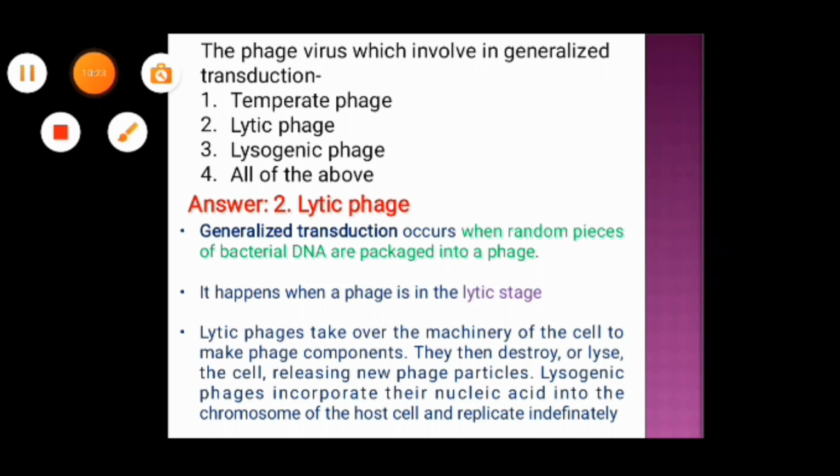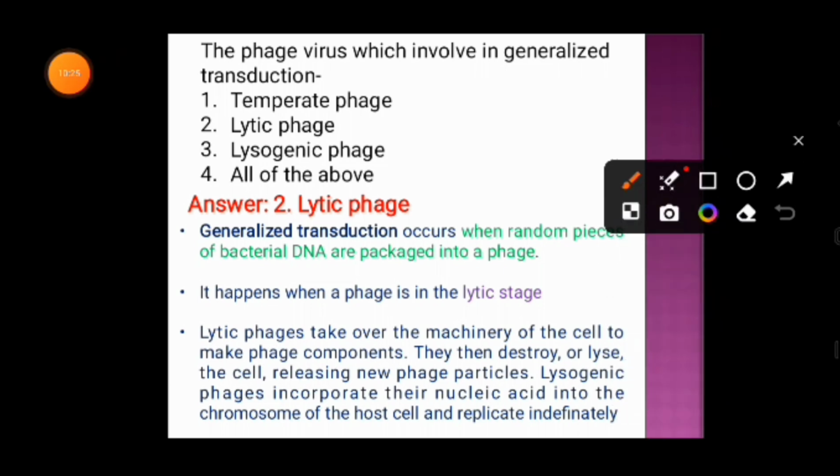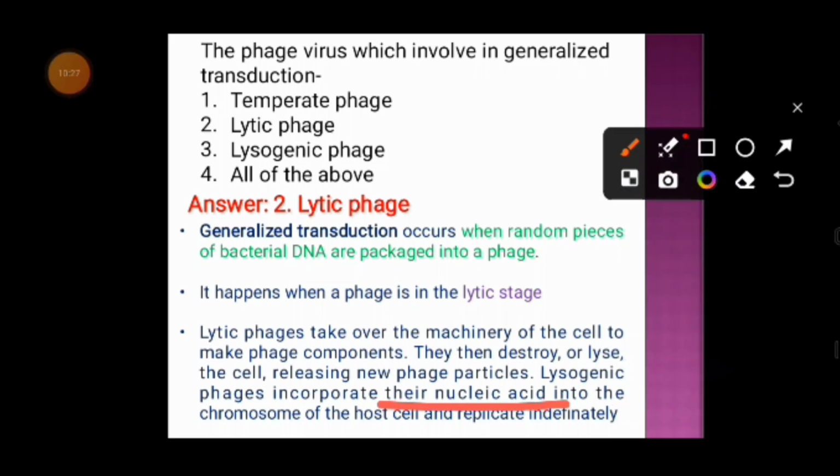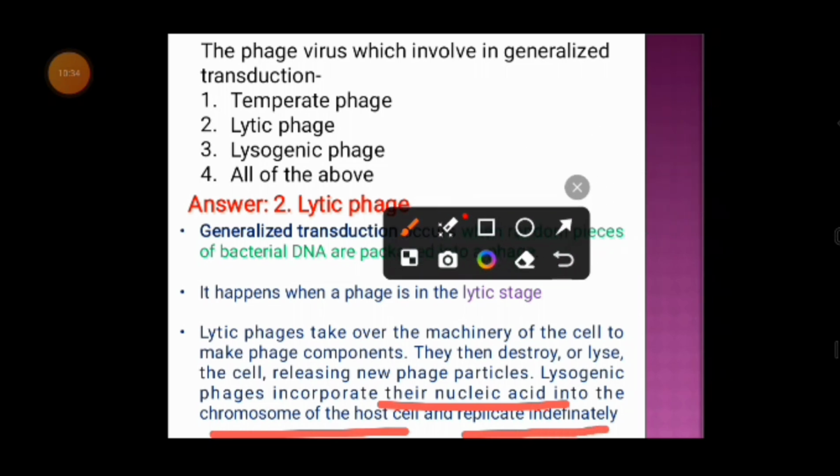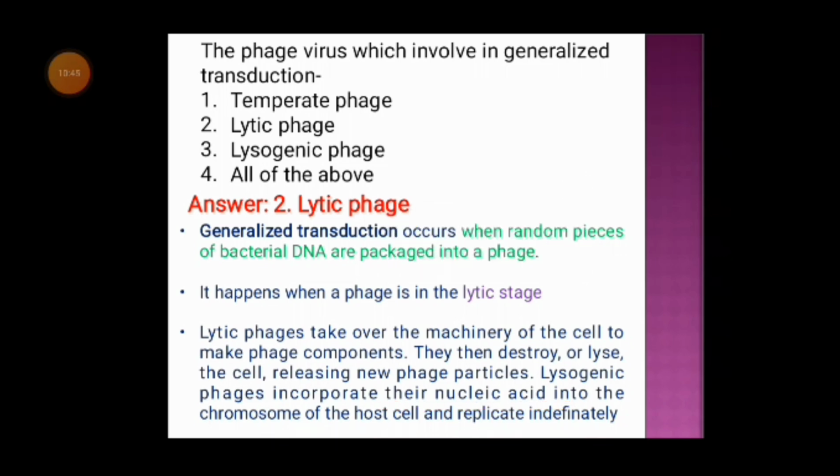Whereas lysogenic phages incorporate their nucleic acid into the chromosome of the host cell and replicate indefinitely. And they transduce the host bacterial genome along with the viral genome into the new bacterial cell.